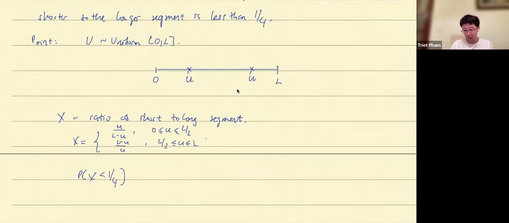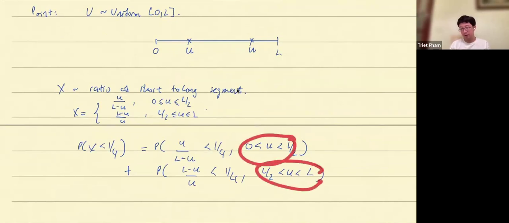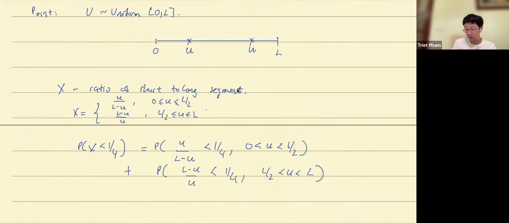But after you express it like this, you can clearly see what's going on, because that will be the probability that U over L minus U is less than a quarter and U is between 0 and L over 2, or, adding here, the probability that L minus U over U is less than a quarter and L over 2 less than U less than L. And we can add them because these two events are mutually exclusive. Any question?